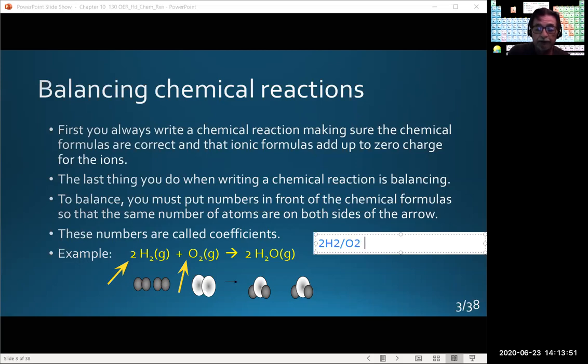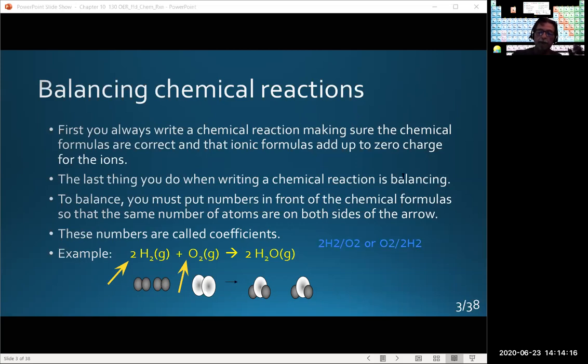I can write it like that, or I can put the O2 in the numerator, and 2 hydrogen molecules in the denominator. So that's a ratio. And we can use that ratio like we did with conversion factors to do calculations, okay? All right, so let's move on.